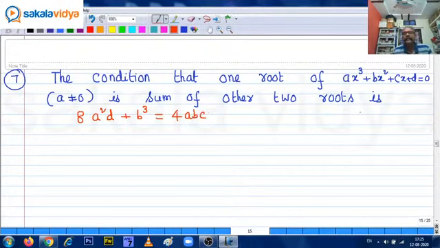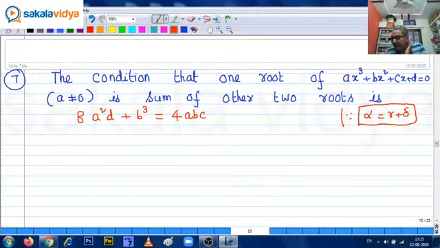That means in this case, alpha is equal to gamma plus delta, and the condition is 8a square d plus b cube equals 4abc.